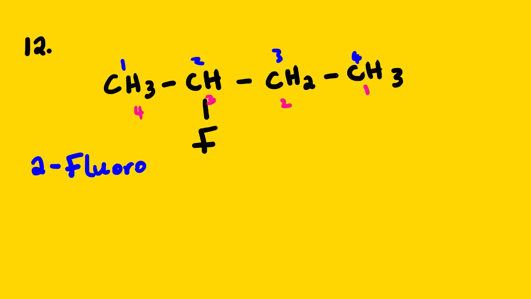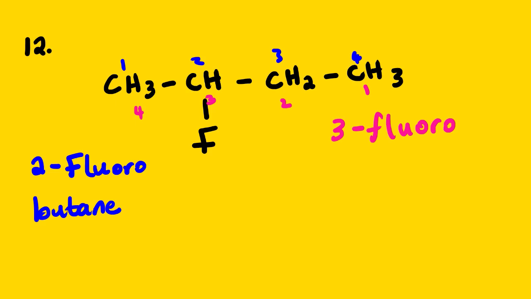And then if we count from the other direction, we have 3-fluoro. Remember that we are comparing, and then we have 4 as our parent chain, which will simply be butane.